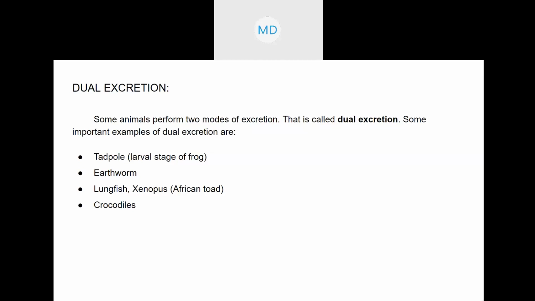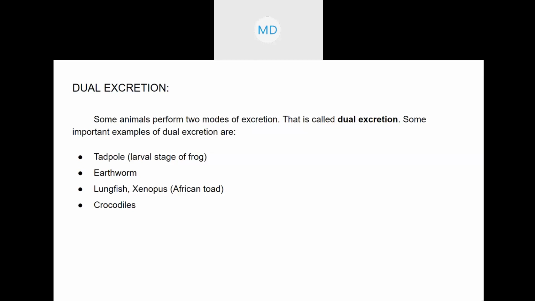So what happens is that in the larval stage, when the tadpoles are there, they are ammonotelic because tadpoles live in the water, they are aquatic and they have plenty of water. But as soon as metamorphosis takes place, meaning growth takes place, the tadpole becomes an adult, and the adult stage is known as frog.